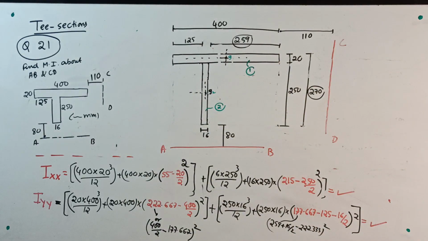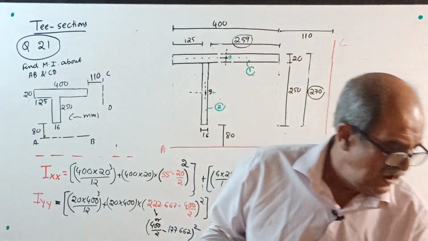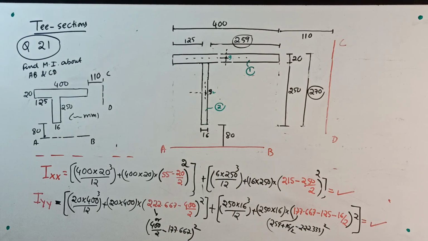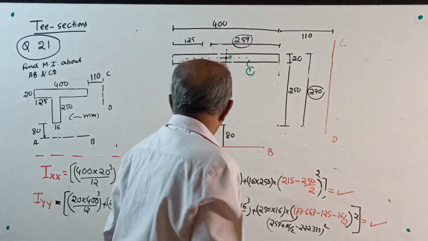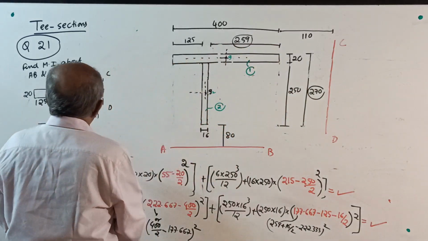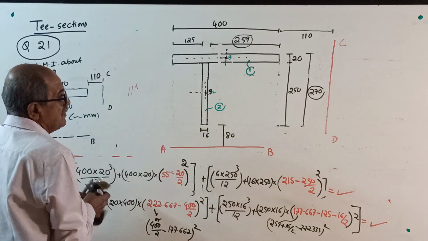I told this earlier for you. Whenever moment of inertia is required about a given axis, you do not waste time on locating the centroid. Simply divide into parts, mark the axis about which they want moment of inertia, and simply start the calculation of moment of inertia using the parallel axis theorem, right?